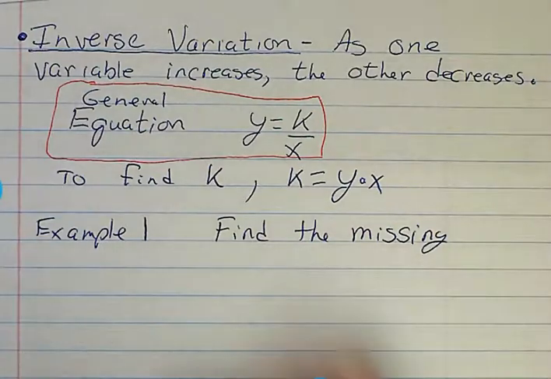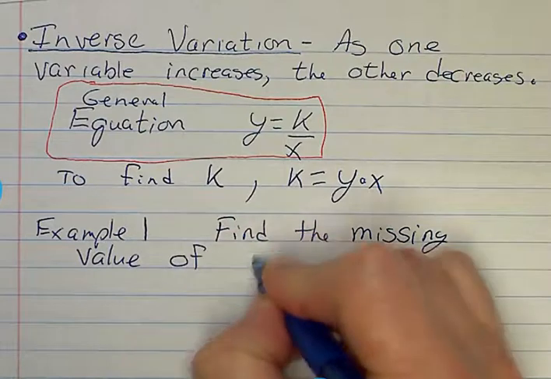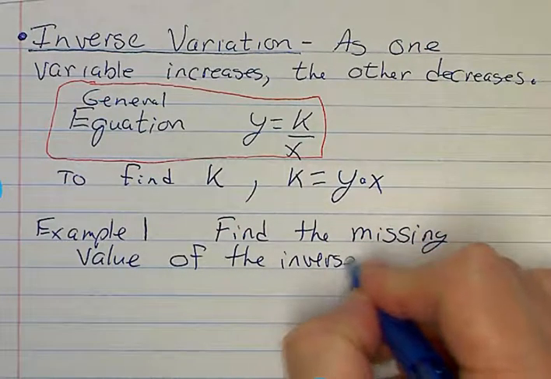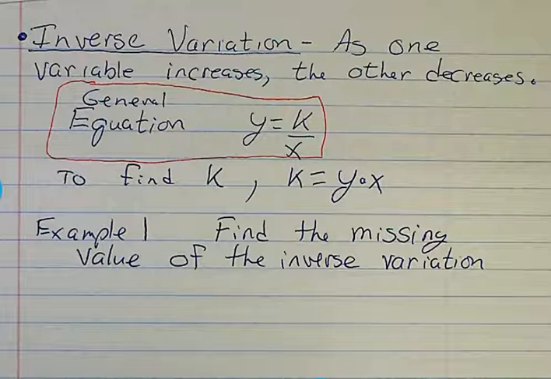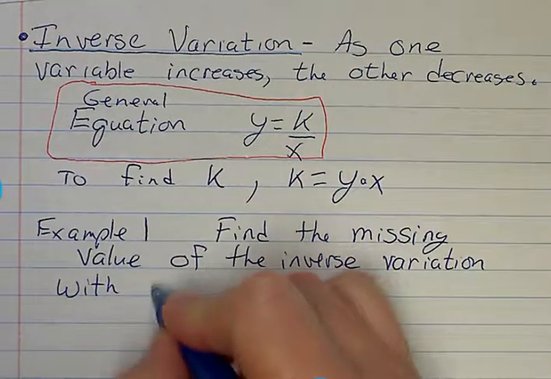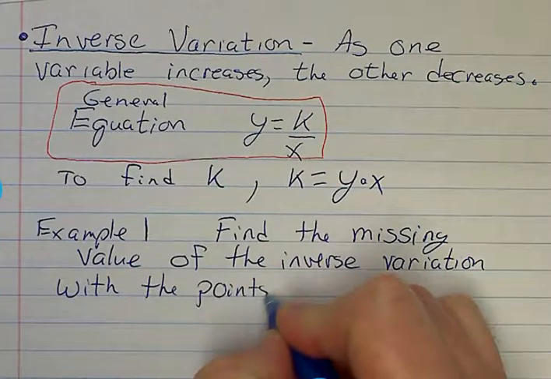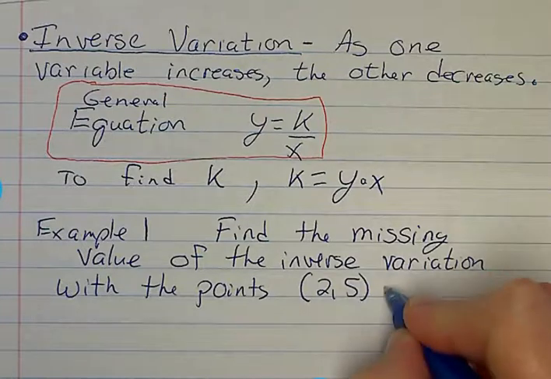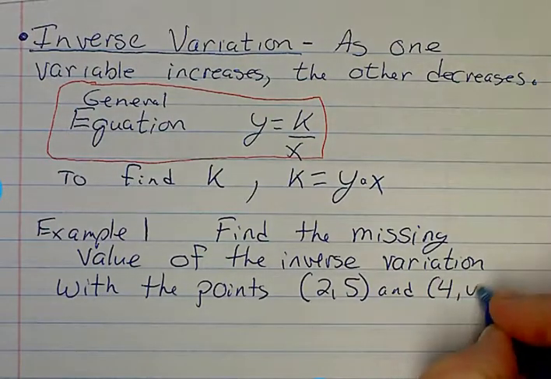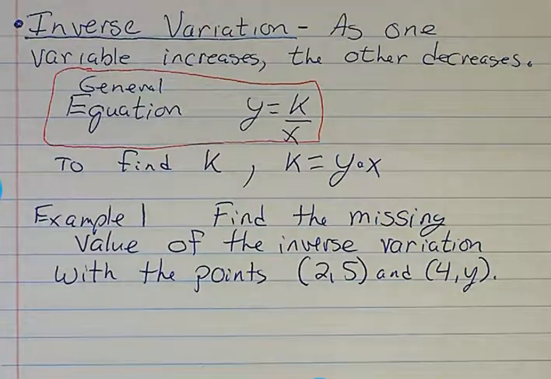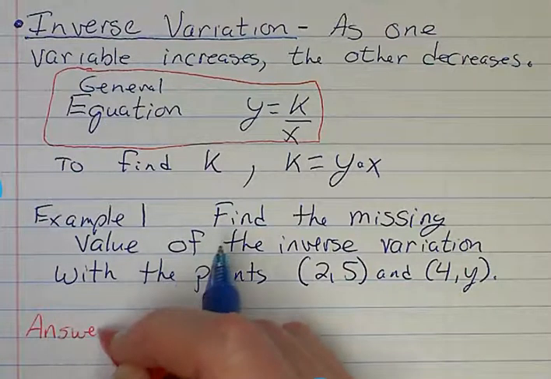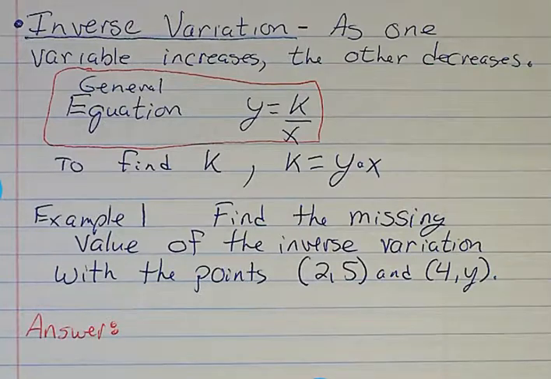So we're going to find the missing value of the inverse variation with the points at 2, 5, and 4, y. Okay, now you've got two ordered pairs for this one.